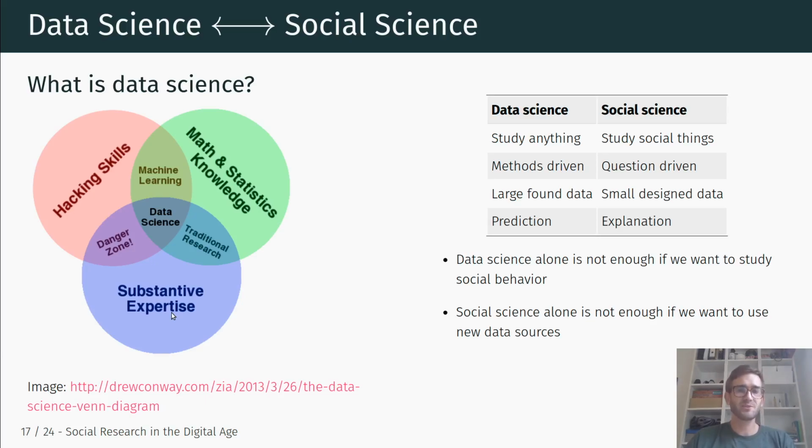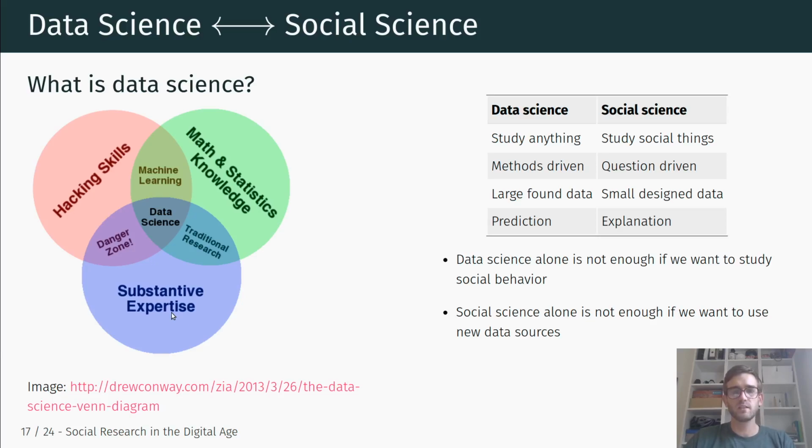Social scientists, by their very nature, study social questions. And so we're usually driven by those questions and not necessarily by the available methods, although, of course, this can be bidirectional too. And at least in the traditional research, we often focus a lot on small designed data like surveys.